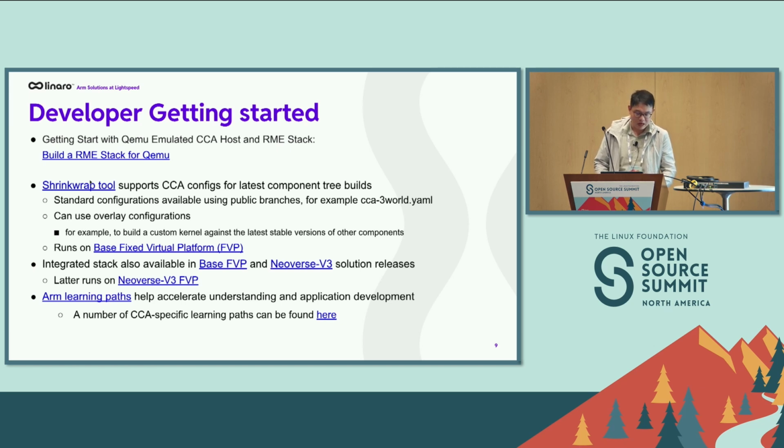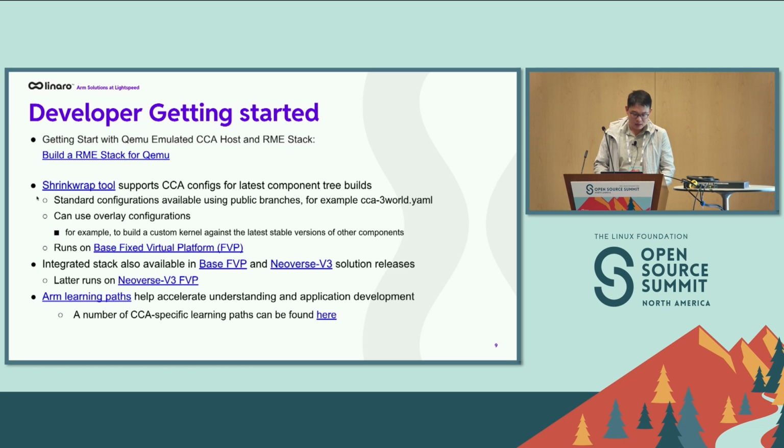We have written detailed documentation and also handy tools for developers to build a QEMU host to run as a CCA host. We also build a bunch of file systems, the firmware or EDK2, and we offer QEMU serving as the VMM. So this is pure QEMU, QEMU on top of QEMU.